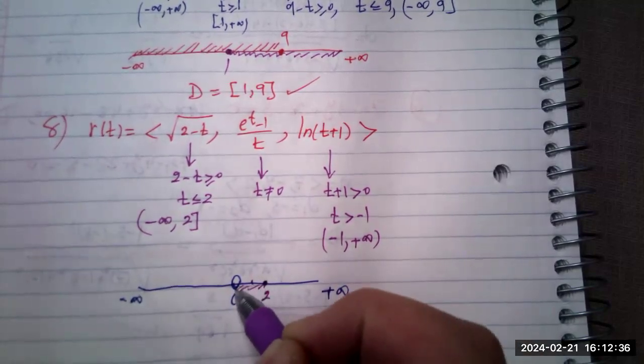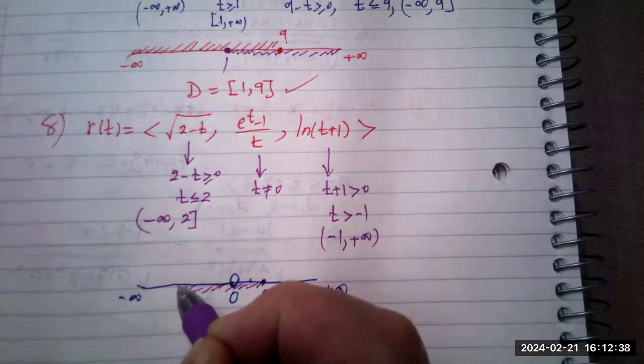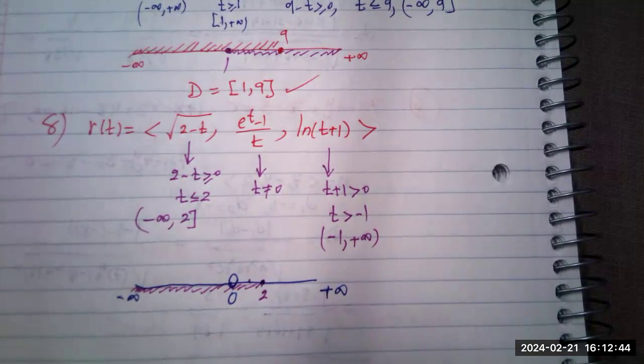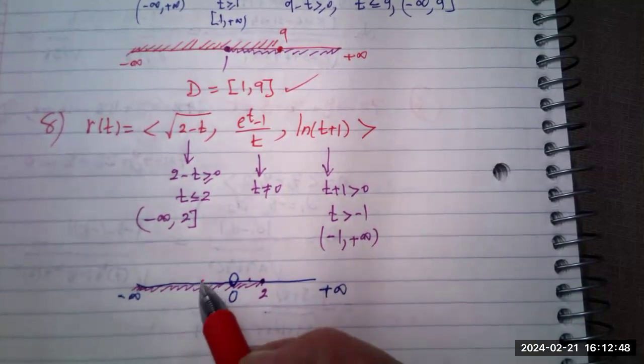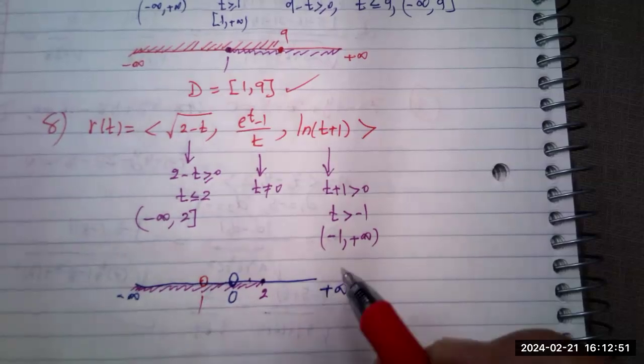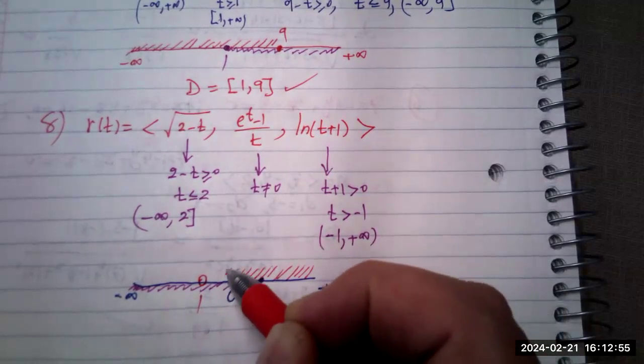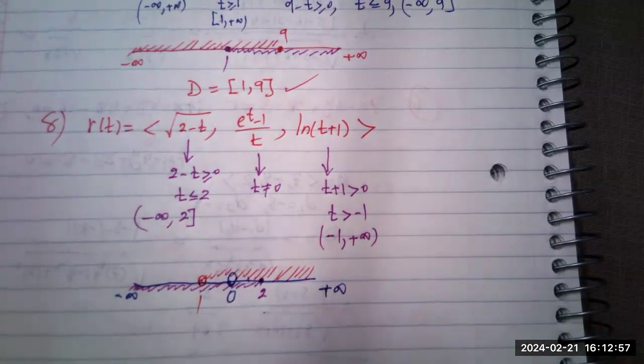So that would be one version. Then the other one is negative 1 and positive infinity. So that's going to be negative 1, not included, and positive infinity.